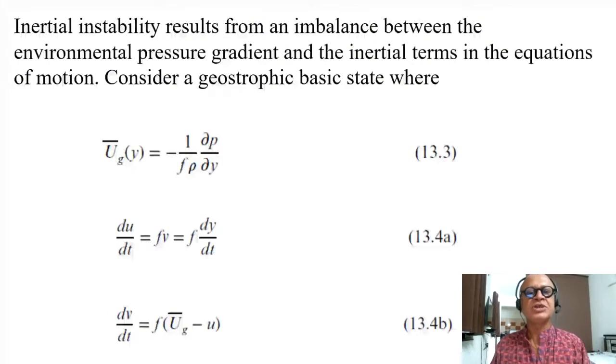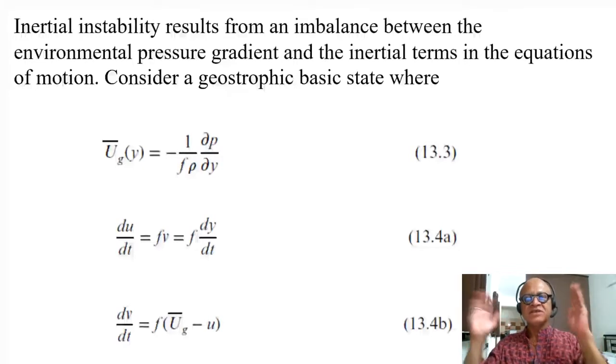So let's say inertial instability results from an imbalance between the environmental pressure gradient and the inertial terms in the equation of motion. So we can take a geostrophic basic state which has no zonal gradient but has a meridional gradient.